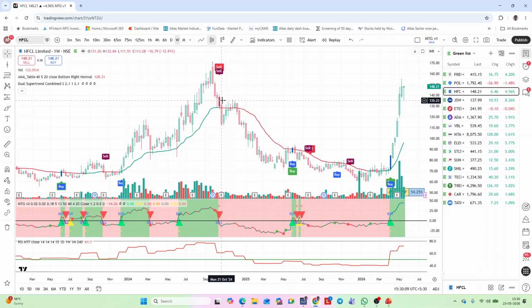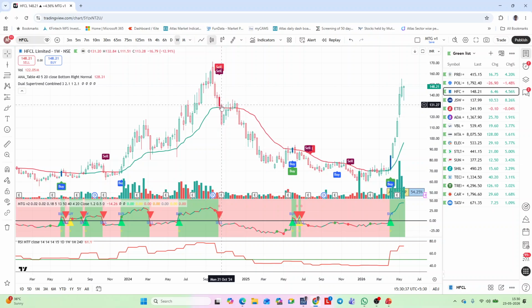If at that time the broader market is strong and only this stock is coming down, then the scenario is different. But when I see that the broader market is also falling and the stock is also falling, then there is no reason for me to stay here. In case of a setup, you only need to follow it. So you will follow here, book your 75% and stay in the trade with 25%.